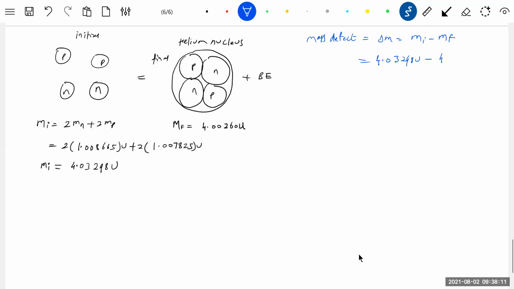You only have to be very good at addition and subtraction. 4.00260 U. Yes, you have to give me the value. No approximations, up to 4 decimal or 5 decimal places. You have to carry on your mathematics. Anybody, delta M?